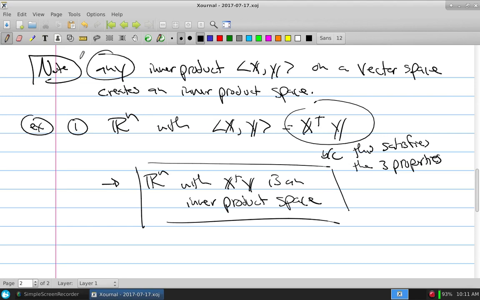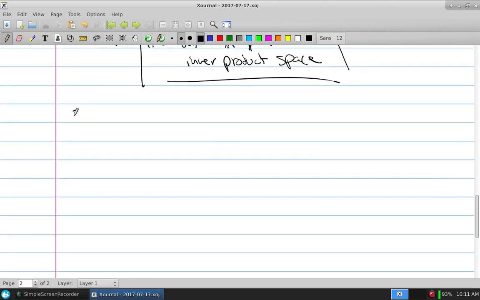But anything that satisfies those three properties will form an inner product space. So if I wanted to, I could just tweak this and make something that's a little bit different. Let's consider Rn. That's my vector space.